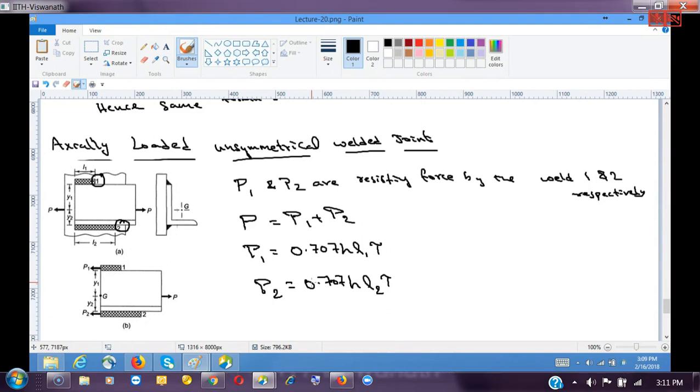For that, let us solve an example and clearly understand these things. The example is the same as this one, so we'll again recopy the same figure, but let us note down the problem first.